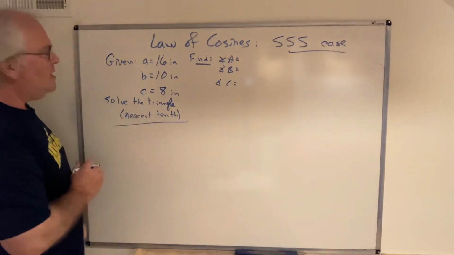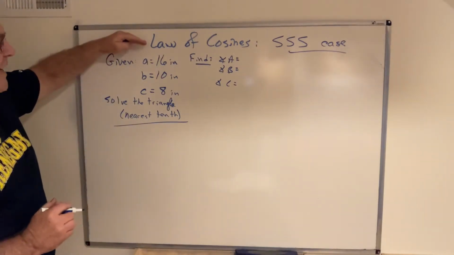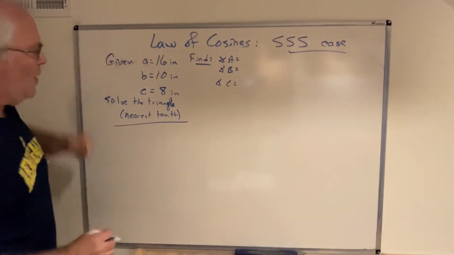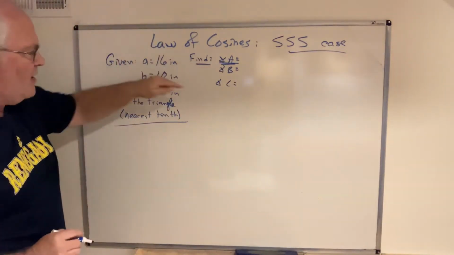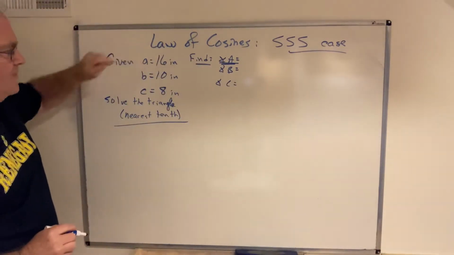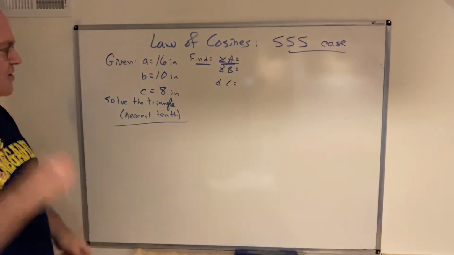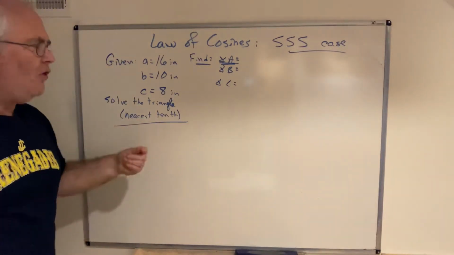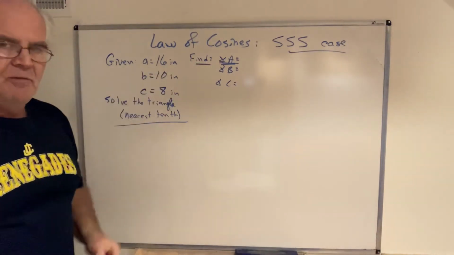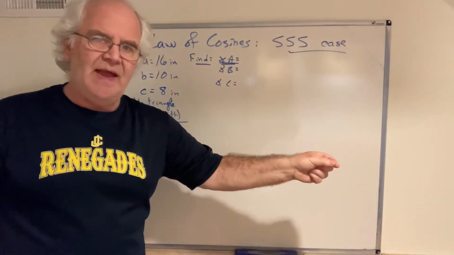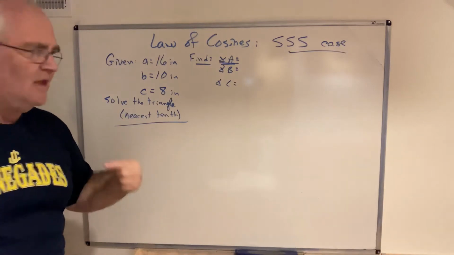All right, so now the question is, which law of cosines formulation do we use? If we're going to find angle A, not because it's alphabetical, but because it's the largest angle, we need to use the formulation of the law of cosines that has angle A. Remember, if you have angle A at the end, that means you need to have side A at the beginning.